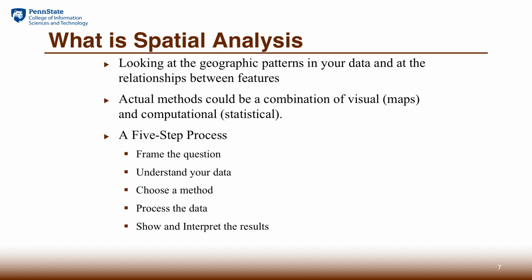To get from data to answering your question, you may have multiple methods to choose from. Choosing one over the other may have implications on the cost, the time, and the reliability of your answer. And then you should implement the process and provide a way to present and help interpret the results.